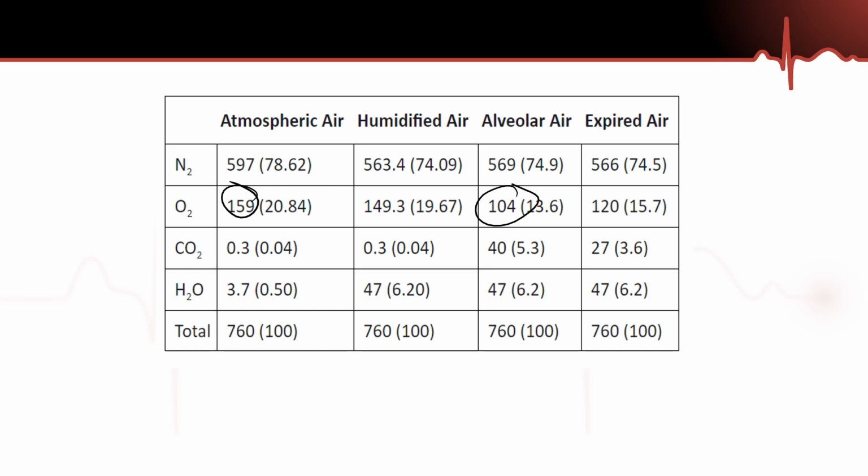The total air pressure in the atmosphere at sea level is 760 millimeters of mercury. Approximately 21% of the air is made up of oxygen. So oxygen contributes 21% to that total air pressure of 760, and its partial pressure is about 160.